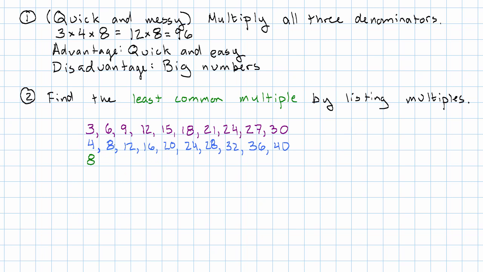This looks promising. 8 appears on both the 8 list and the 4 list, but it isn't on the 3 list. So 16, that appears on the 4 list, but not on the 3 list. 24, that appears on the 4 list and also on the 3 list. 24 is the first number that appears on all 3 lists.